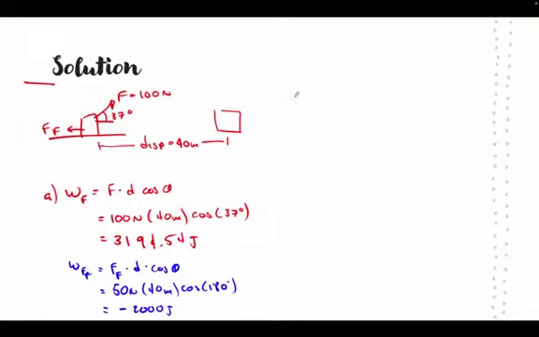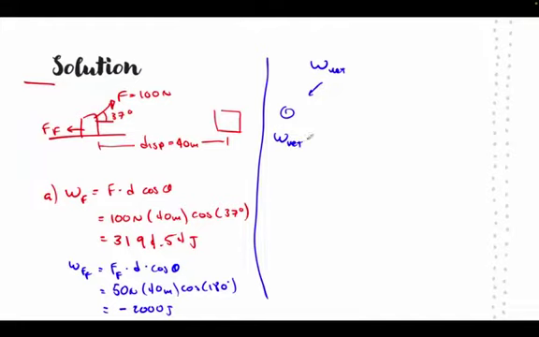All right, and then question B is asking us to find the net work. Now, to find the net work, we have two different methods of doing that. Our first method is to find the work done by the individual forces and add them.